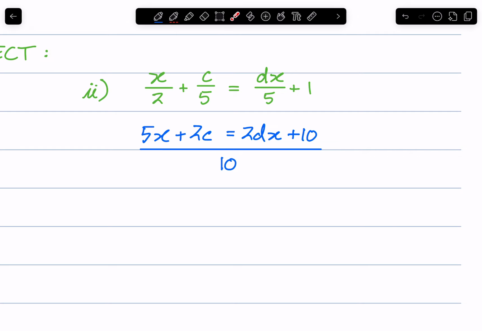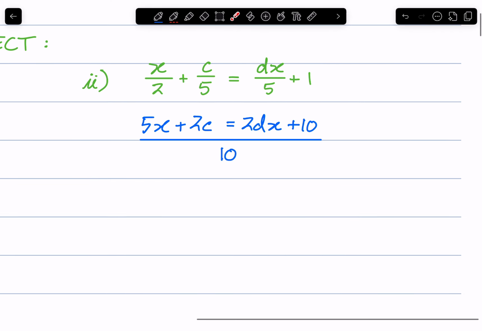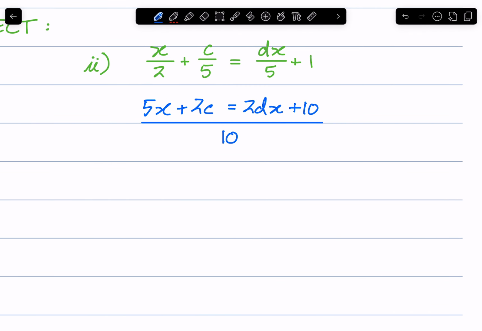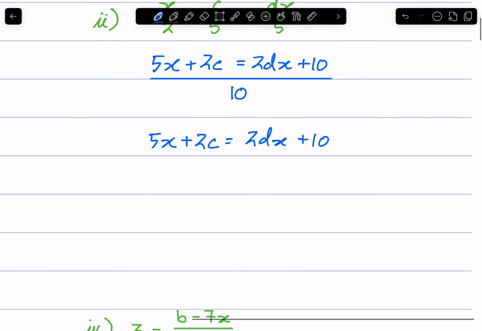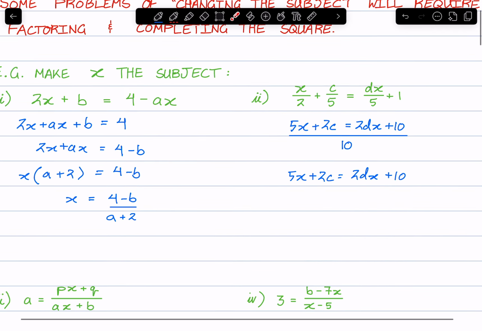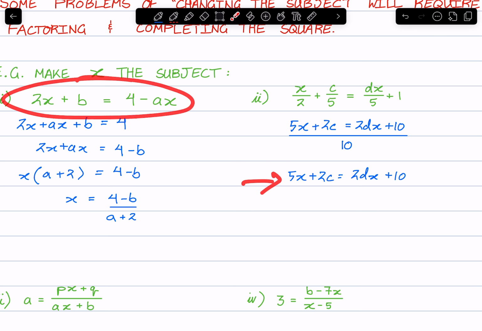Since we now have the same denominator, we can multiply everything by 10 and it cancels out, which then leaves us with just everything in the numerator. So 5x plus 2c equals 2dx plus 10. And now, even though it looks slightly different, we're actually at the exact same step here.